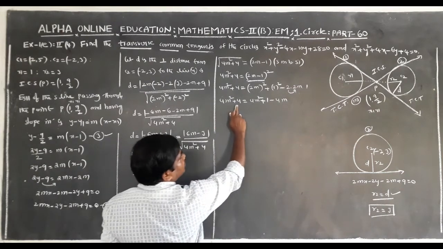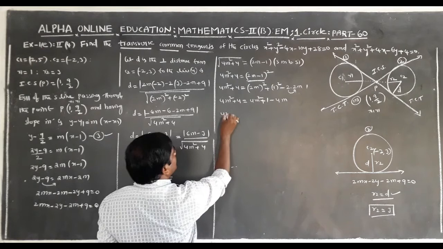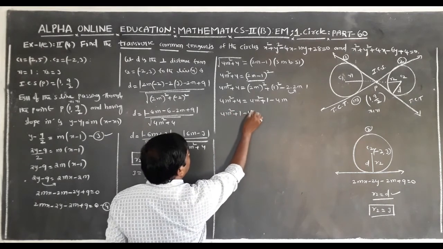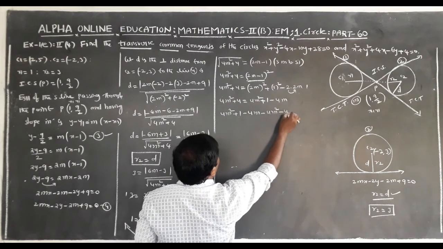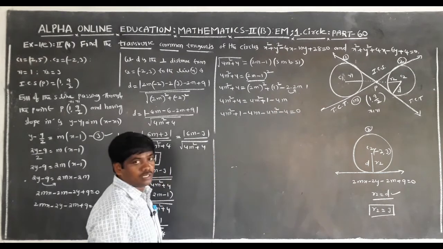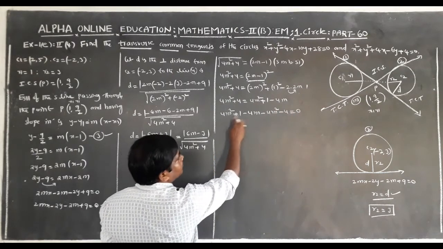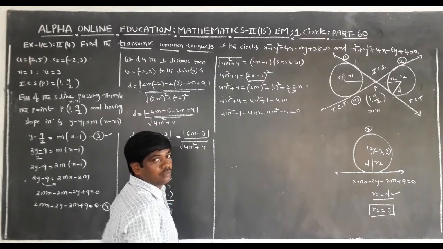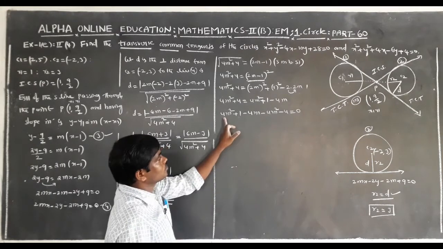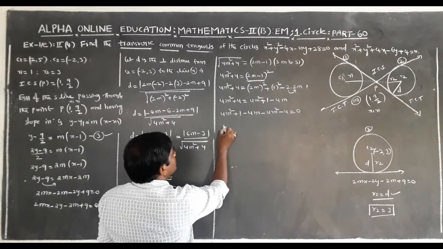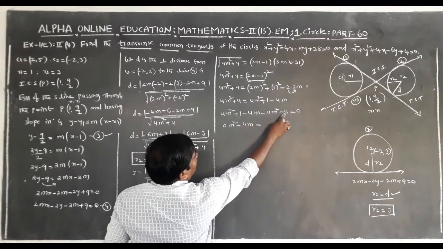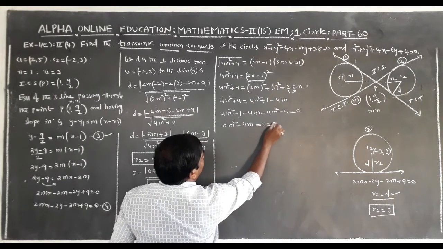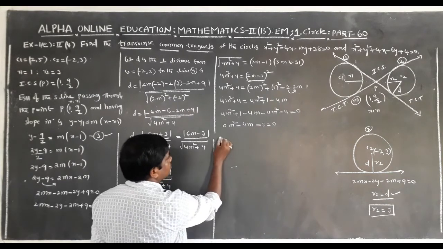Taking 4m square plus 4 to the right side: 4m square plus 1 minus 4m minus 4m square minus 4 is equal to 0. 4m square minus 4m square means 0m square, minus 4m, minus 4 plus 1 minus 3 is equal to 0.